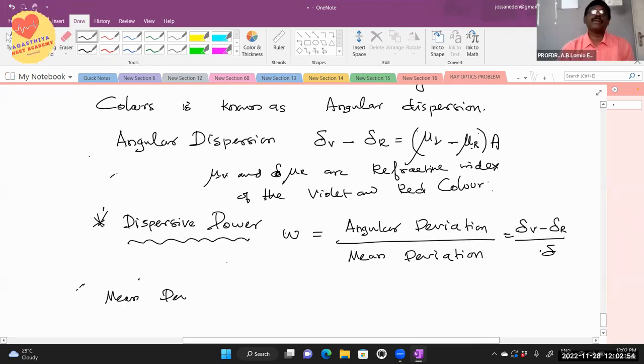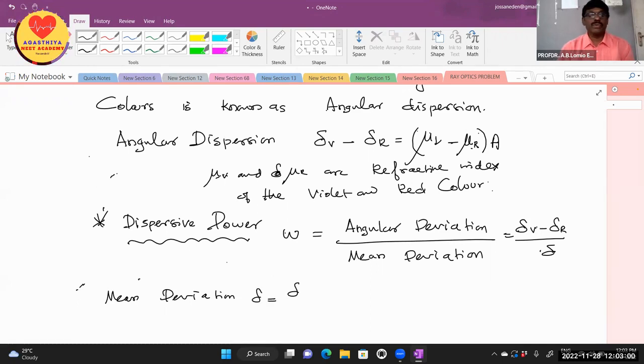Mean deviation, that is delta, is obtained by adding the two deviations, delta suffix V plus delta suffix R divided by 2.